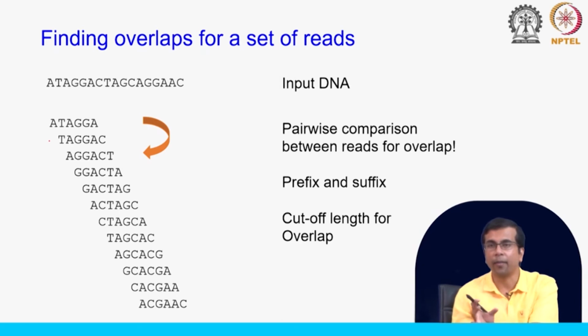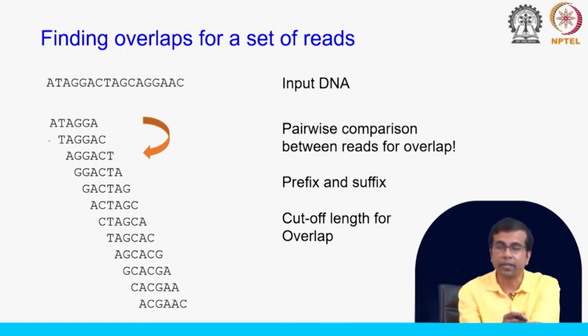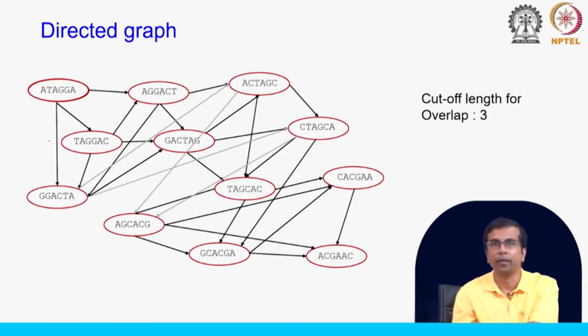We need a certain amount of overlap to avoid spurious overlaps, or overlaps just by chance. One base overlap will happen just by chance, or a few base overlaps will happen by chance. So you need to decide on a cutoff length. As you will see in these examples, we will choose these cutoff lengths, and then we will generate the directed graph with all the directions or arrows.